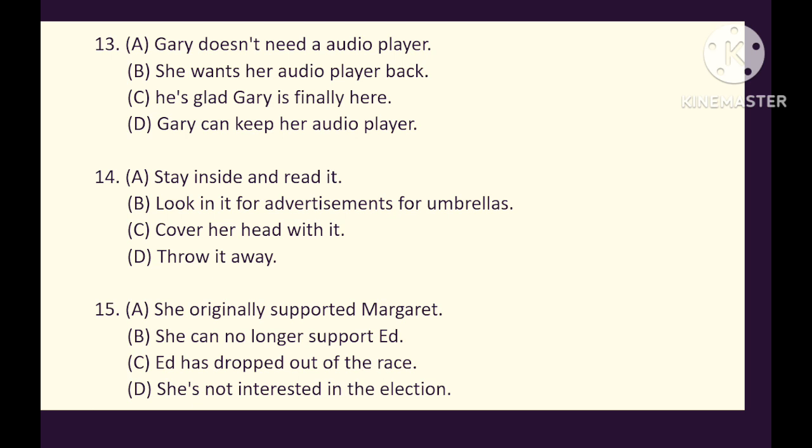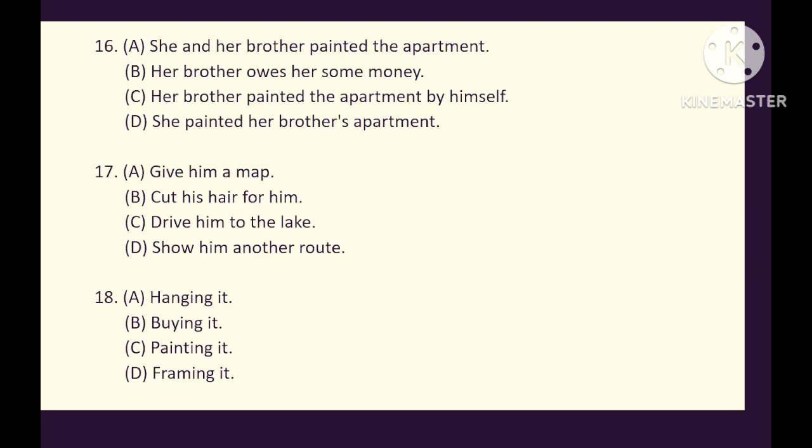Number 15. I think Ed is the best choice for president of the student assembly. So do I, now that Margaret's dropped out of the race. What does the woman mean? Number 16. Did you paint your apartment by yourself? Actually, I got my brother to help.